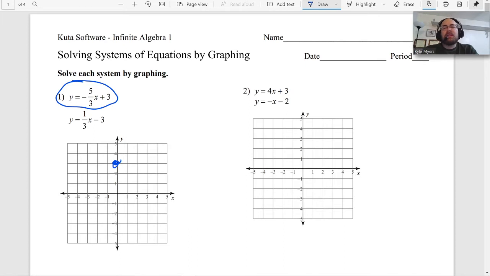And then our slope is going to be negative 5/3. So we graph the y-intercept first, and our slope tells us where to go from there. We take negative 5, so we go down 5: 1, 2, 3, 4, 5. And then over 3: 1, 2, 3. So like right here. And then we draw a line through that.